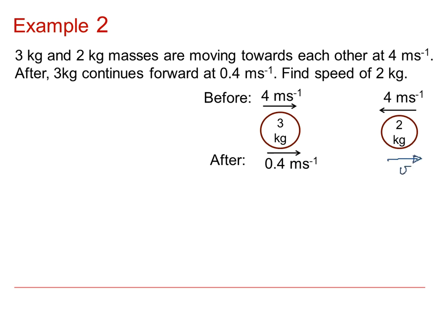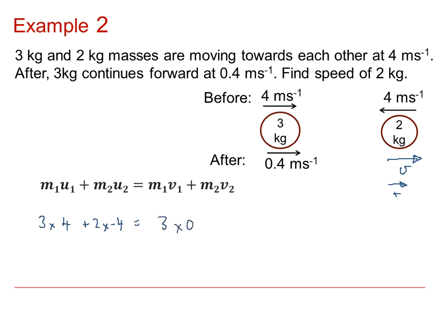Let's assume that it's moving to the right, and therefore taking that as being our positive direction, we can use our momentum equation to give us that 3 multiplied by 4, that's the initial momentum of the 3 kilogram, plus 2 multiplied by -4 must be equal to the final momentum, which will be 3 multiplied by 0.4 plus 2 multiplied by v.